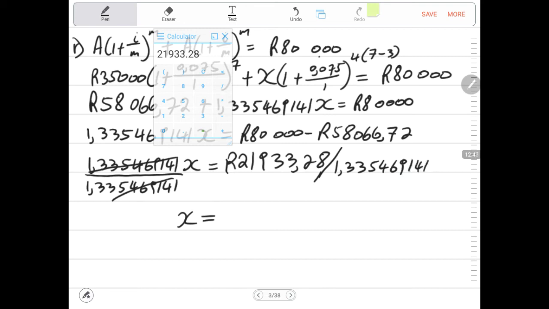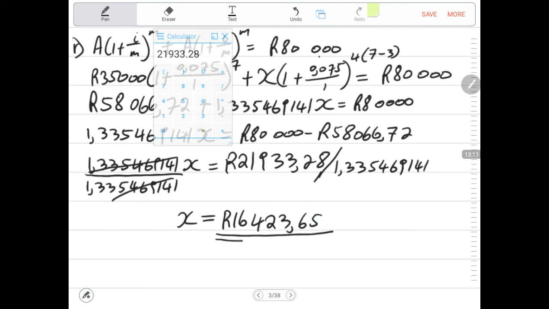So we say 21,933.28 divide by 1.335469141, answer. Then we get 16,423 rand 65 cents.